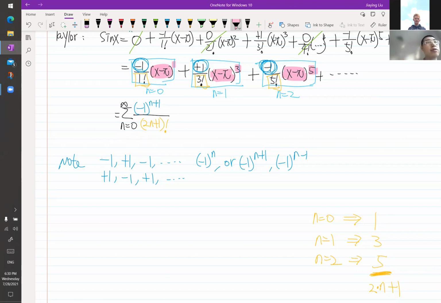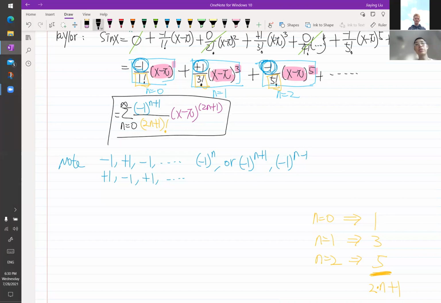Since we already figured out how they are related to n, we can just use that relationship directly. So that will be (x minus pi) raised to the, what's the relation? 2n plus 1 in the exponent. So that will be the formula in sigma notation for the Taylor series expansion. Does that help? Any questions on this?